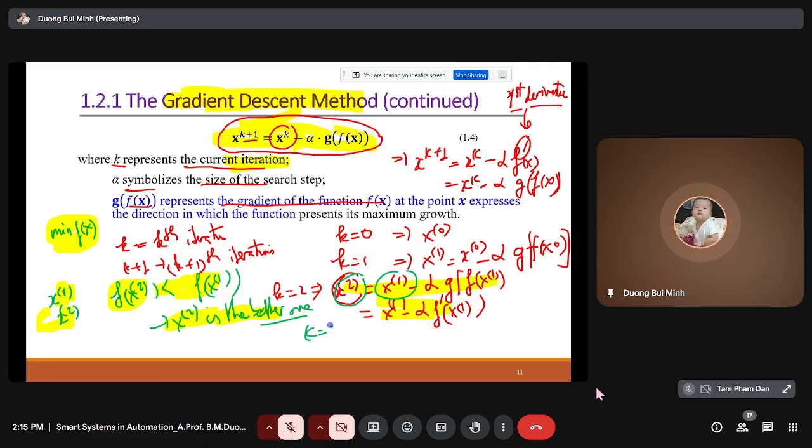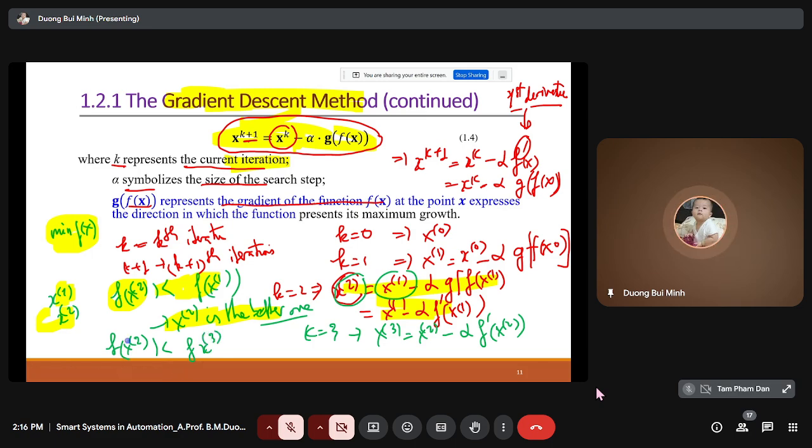We continue to update k=3. We update x3 is x2 minus alpha f'(x2). Then we continue to compare f(x2) and f(x3).